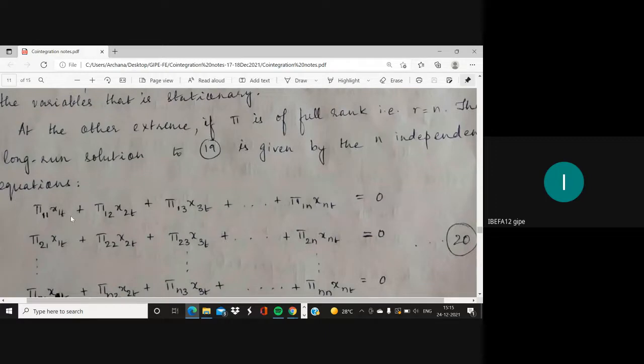If you write out this equation, it is telling you that all these variables are in equilibrium. But, to put it in very simple words, they do not share any sort of equilibrium relationship, because they are all independent variables.